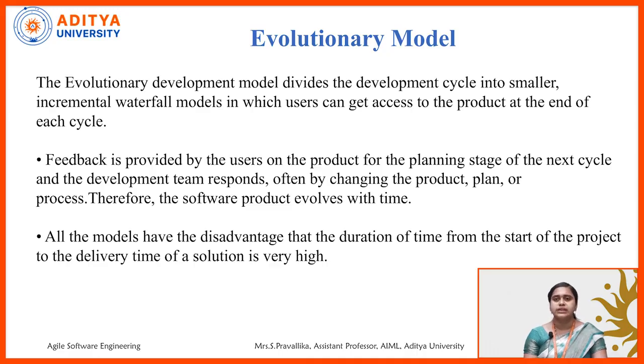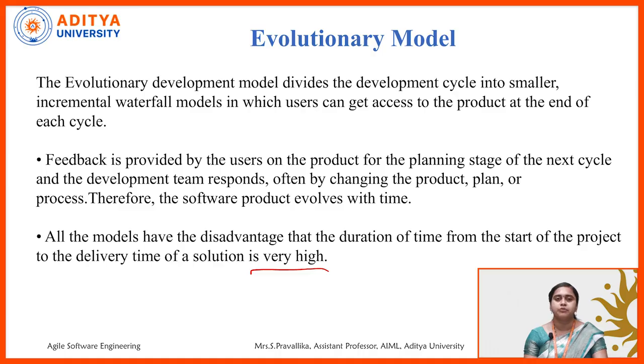Next, all models have a disadvantage that the duration of time from the start of the project to the delivery of the solution is very high. So every software model we work with will have a disadvantage regarding duration of time. That means the start of the project and delivery time do not match, or the time varies.